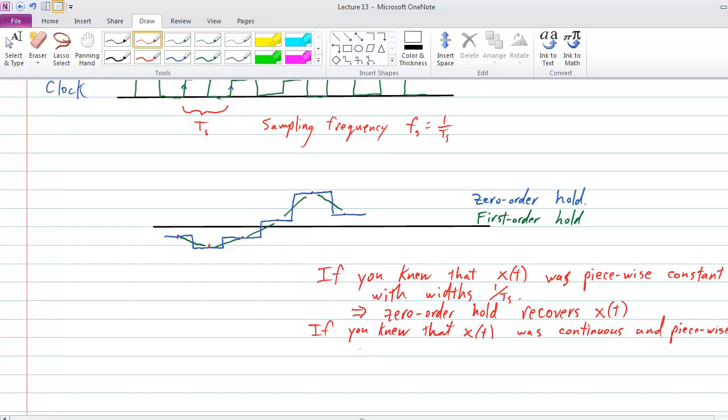All right. Again with 1 over Ts. Then first order hold.